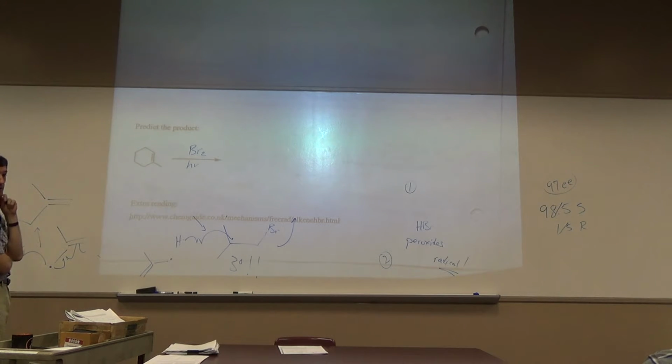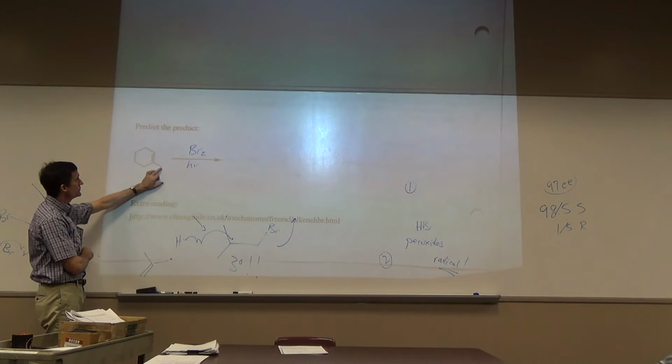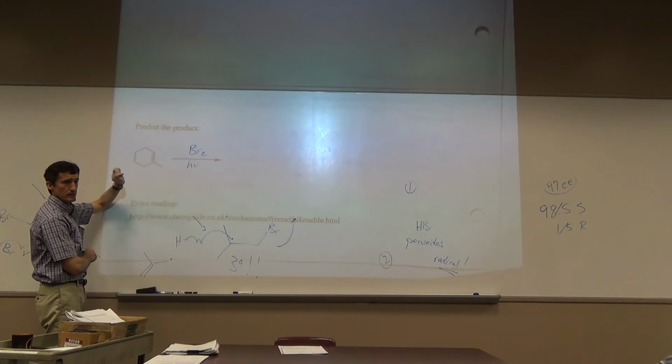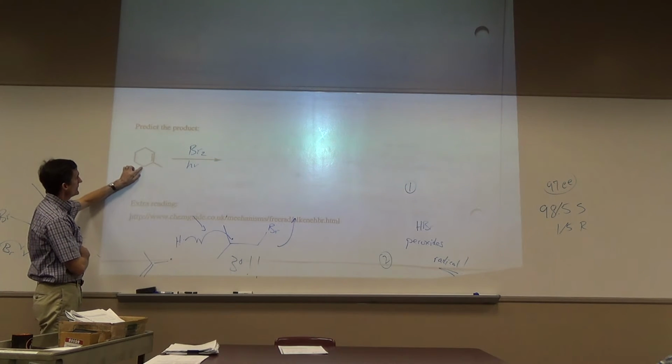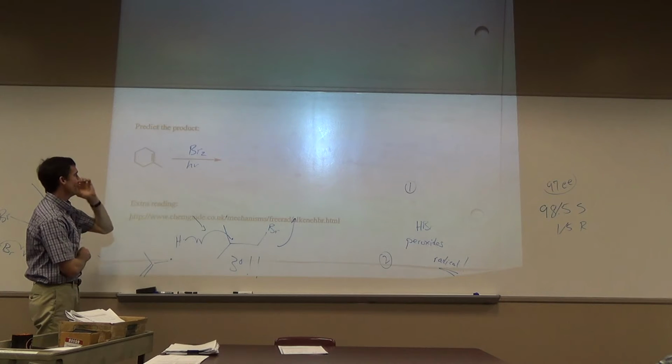Where do you want to make the radical? That's the question. Would you want to make the radical on this primary carbon? You could do resonance and put it there. It'd be primary, secondary. Or we could make it here and do resonance, be secondary, secondary. But then that and that are not the same.